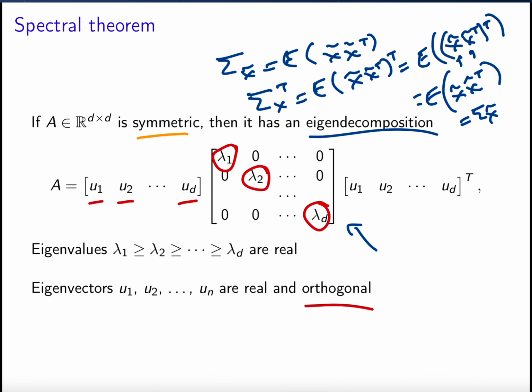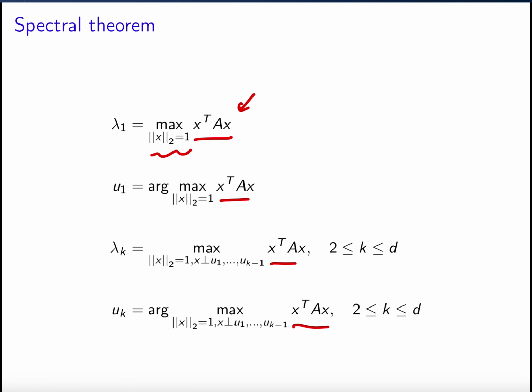So what does the theorem say? The theorem says that if we're considering vectors with L2 norm equal to 1 and this quadratic form, then the maximum value of the quadratic form is the first eigenvalue, and it's attained in the direction of the first eigenvector.